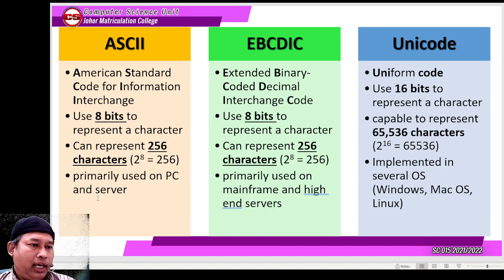ASCII stands for American Standard Code for Information Interchange. It uses 8 bits to represent a character. That means one character in ASCII code uses 8 bits.